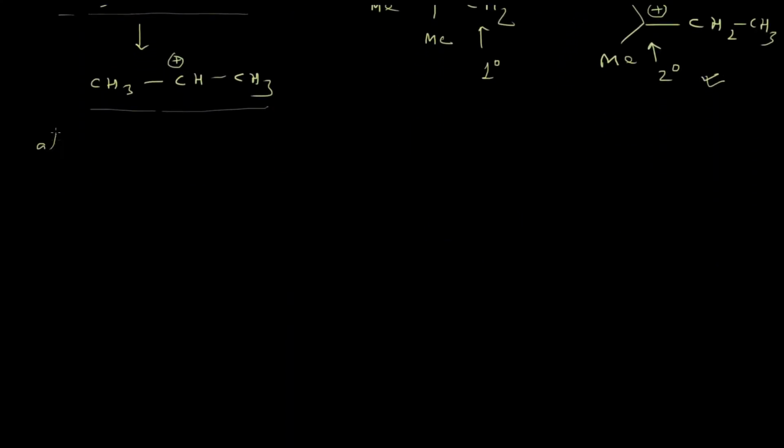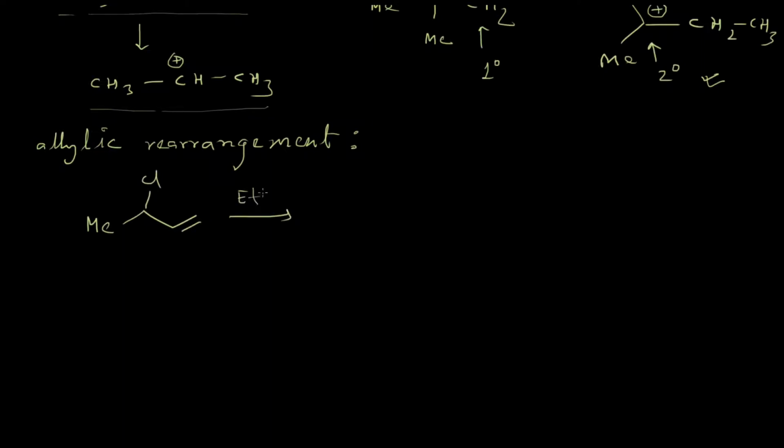There is one more example of carbocation rearrangement where the carbon skeleton remains unchanged, which is allylic rearrangement. Suppose we have this compound and we want to use it in a solvolysis reaction. So during the solvolysis reaction, what will happen?